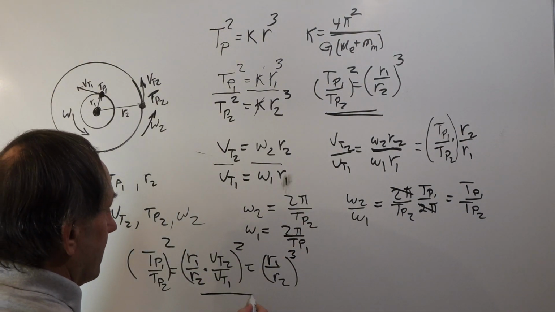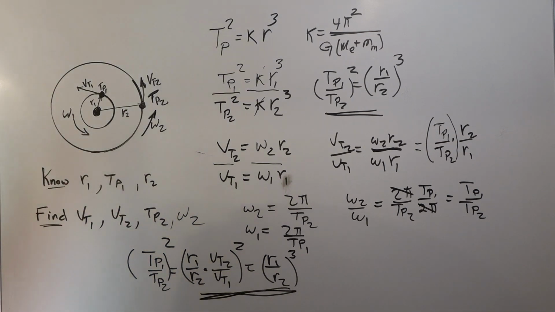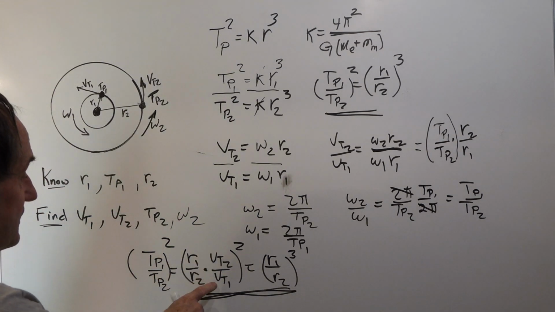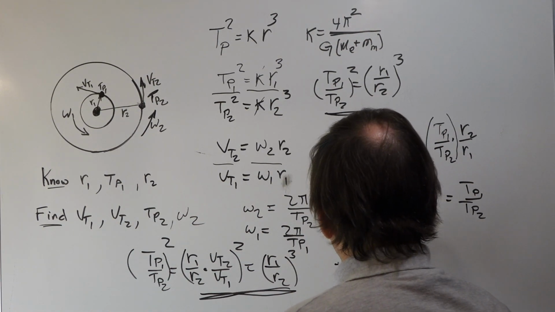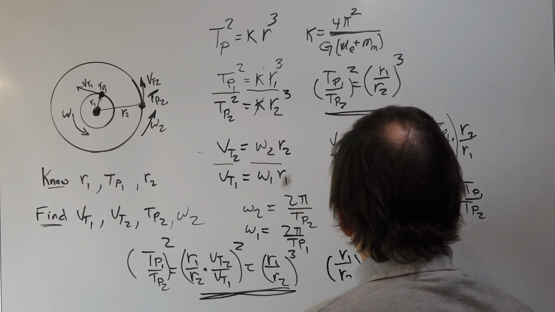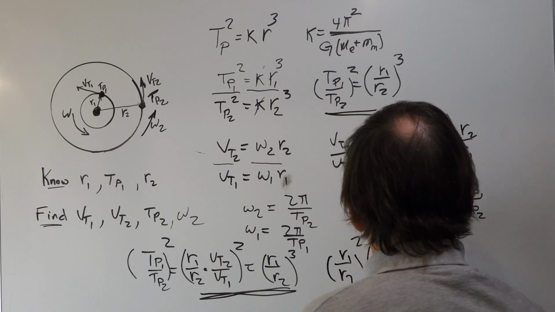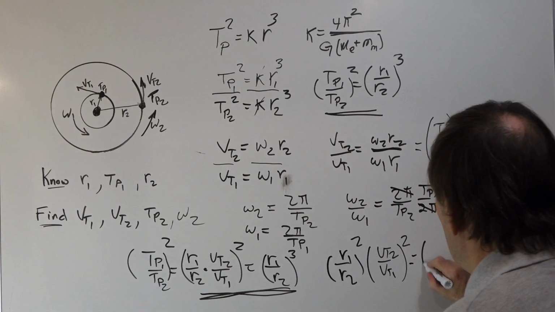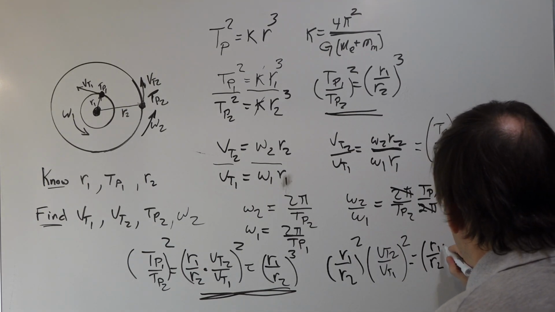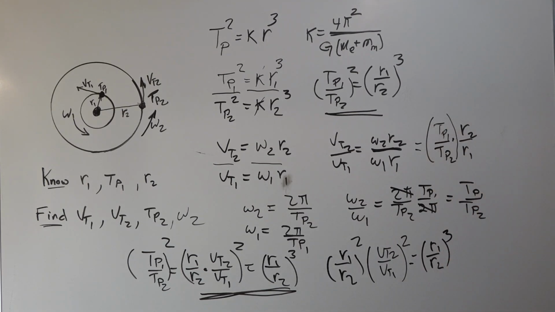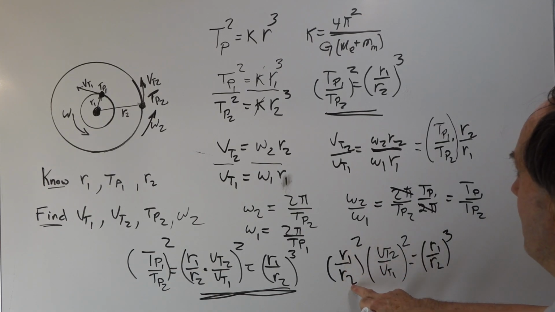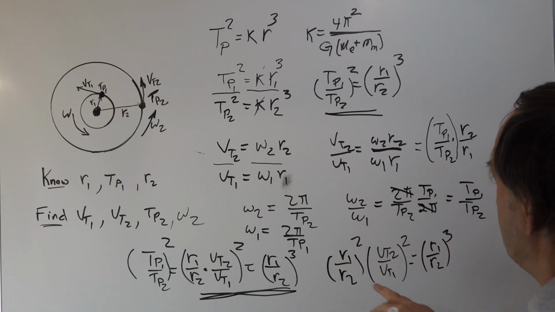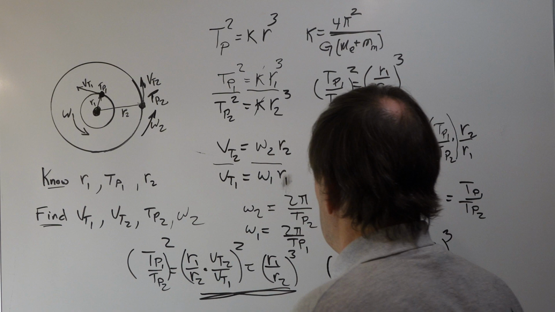We're now going to focus on this part of the equation. I'm going to isolate the tangential velocities, or the orbital velocities. So I will write this as R1 over R2 squared times VT2 over VT1 squared is equal to R1 over R2 cubed. We'll multiply both sides of the equation through by R2 over R1 squared, or cross multiply, to get rid of the R1, R2 on this side.